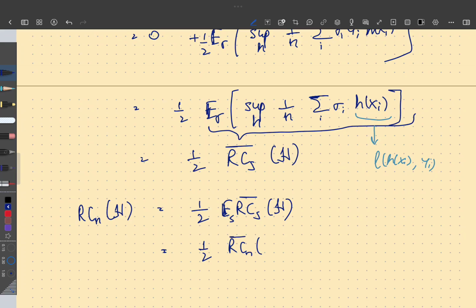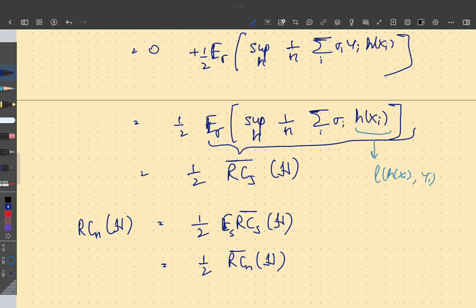I'll call this RCN bar of H. So it's specific to binary classification with the 0-1 loss. All right. Any questions?